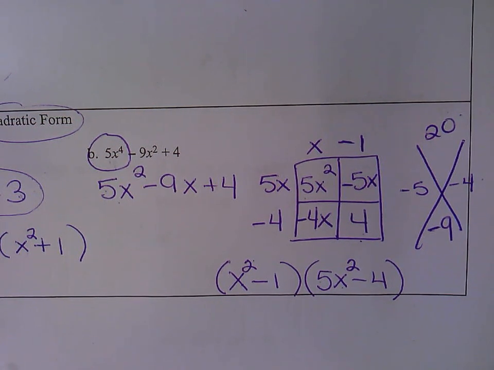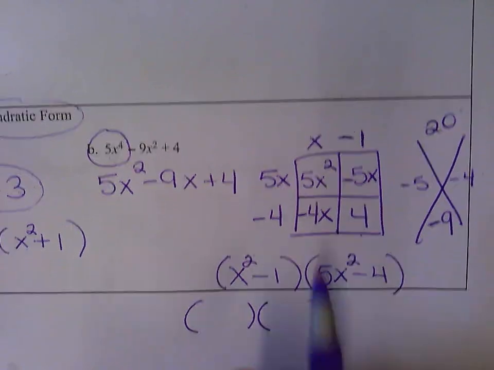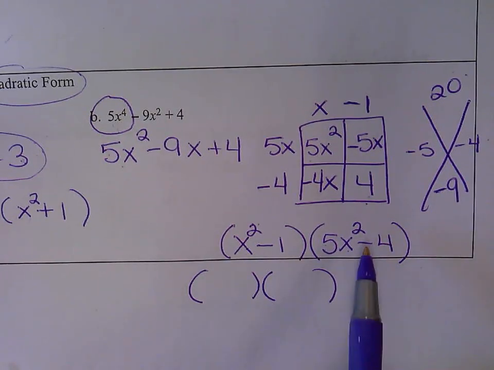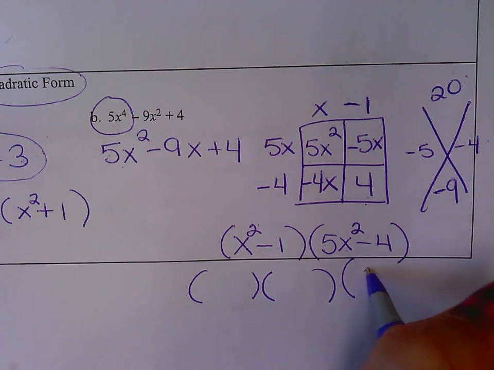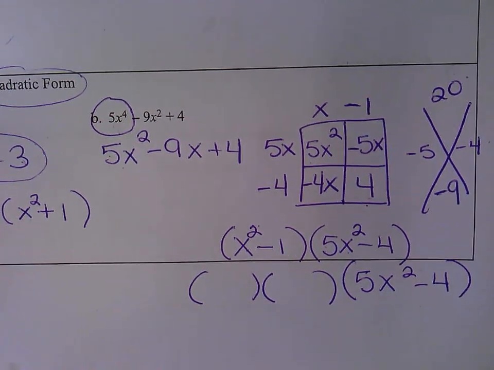Can either of those go a step further with a difference of squares? One of them can, but one of them cannot. So this is a difference of squares here, but this is not a difference of squares. 5x squared minus 4 can't get factored any further.